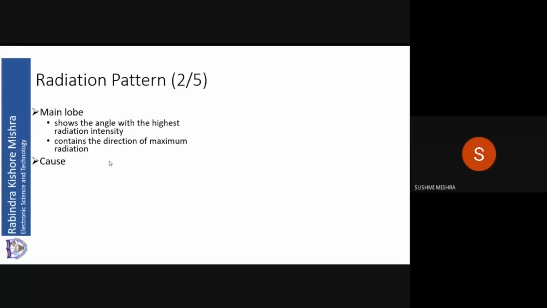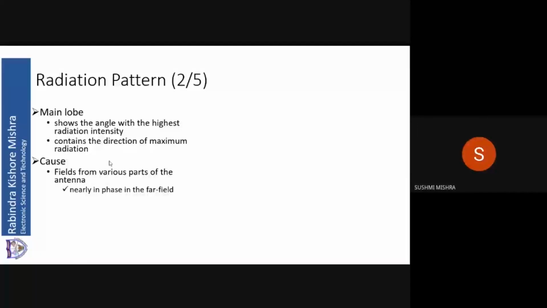The reason for this is the fields from various parts of the antenna. You can imagine the antenna to consist of many accelerating charges. Since it consists of many accelerating charges, each charge is going to radiate. If it is small and the antenna is small, then what will happen?